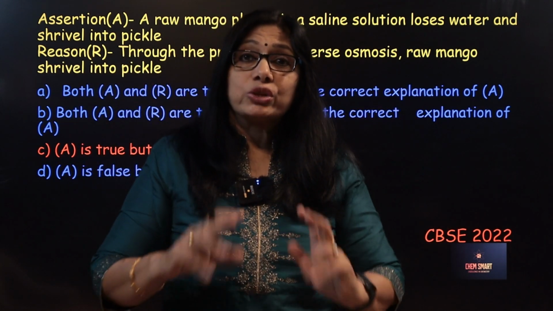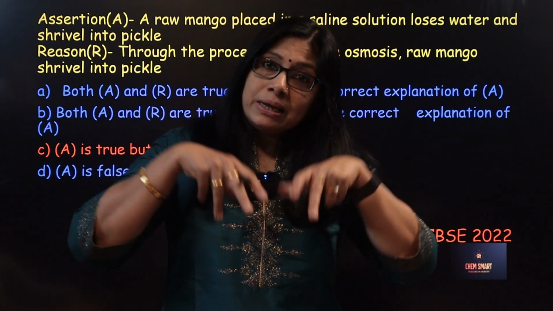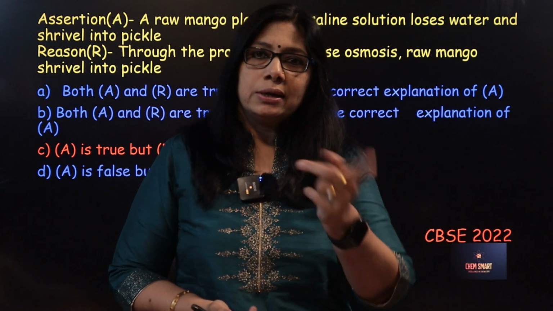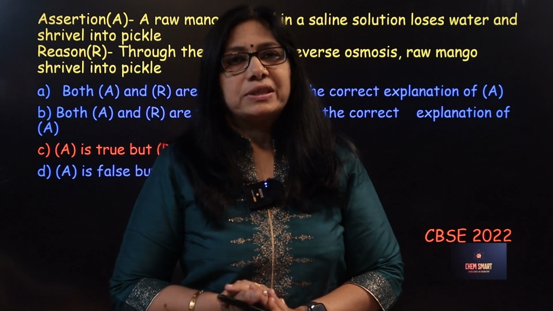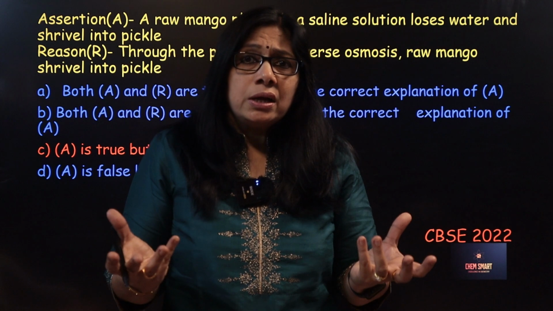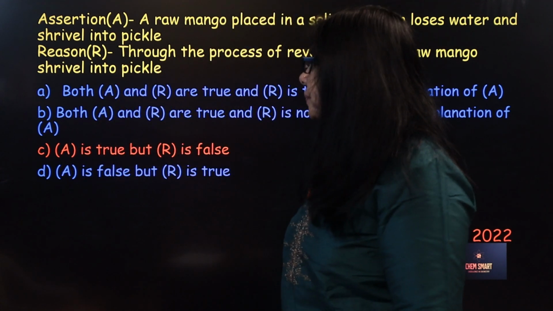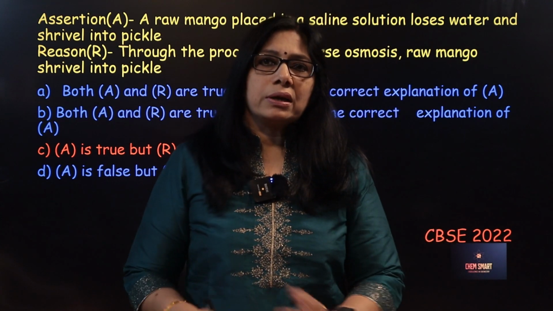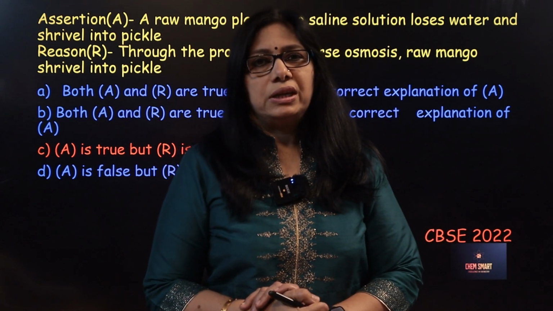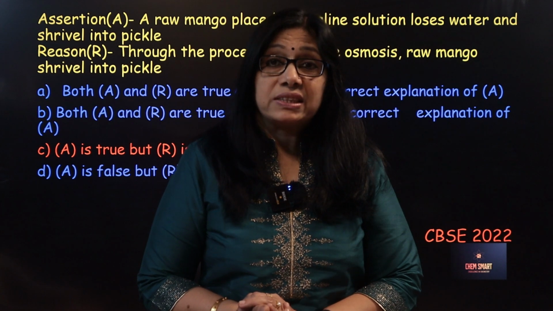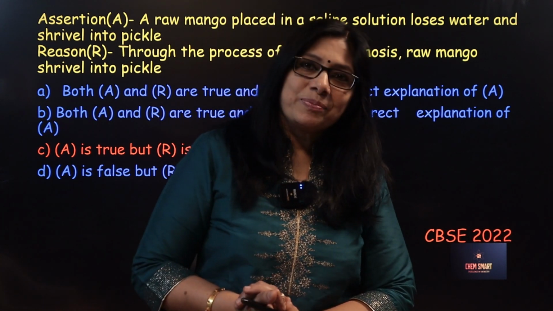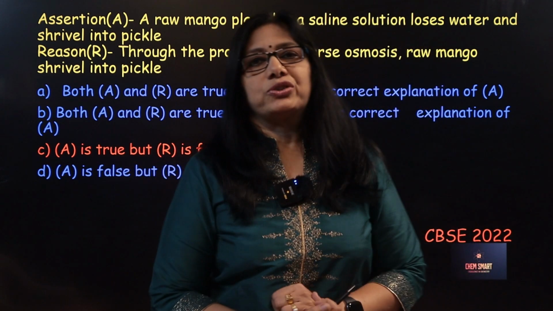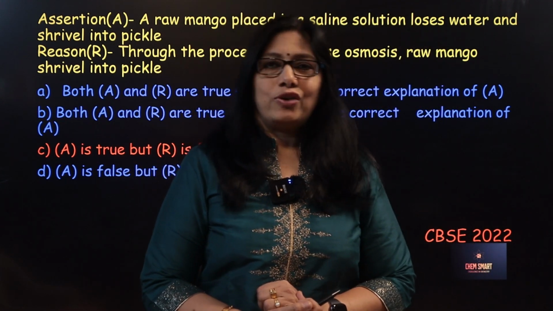That means there is osmosis happening from inside of the mango to the outer saline solution through the cell membrane. So the mango will shrivel. So assertion is correct. Reason, it is written reverse osmosis. No, reverse osmosis is not correct. It is osmosis which makes the mango shrivel. Clear? So the correct answer is option C, where assertion is true and reason is false.